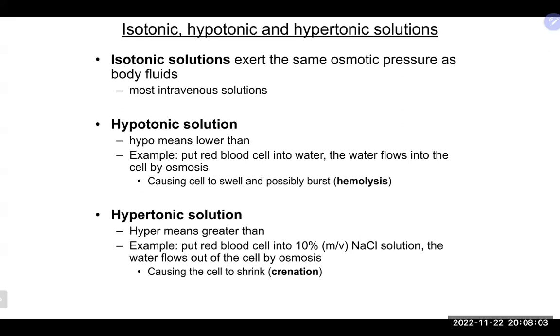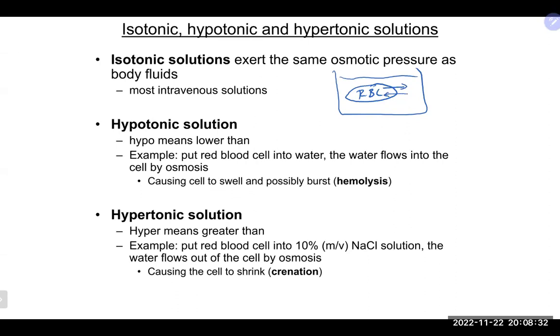If we take the classic example, a red blood cell, and put it into an isotonic solution, the osmotic pressure inside and outside of the cell are basically the same. The cell acts as a semi-permeable membrane, allowing things to flow in and out, and you would have equal flow in and out of the cell, and everything would be happy.